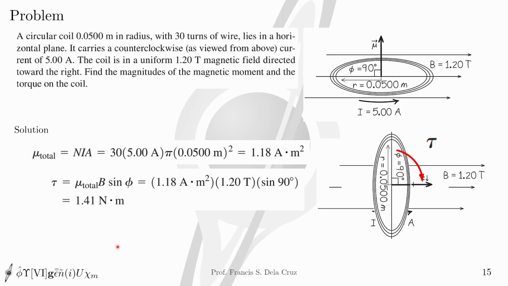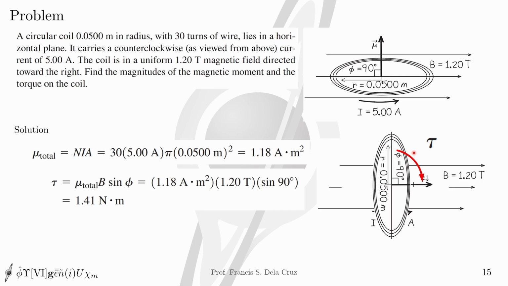Okay. So always remember this, class. If you have a magnetic moment and you let it be exposed in a magnetic field, that magnetic field will try to apply a torque on that coil so that the magnetic moment will be parallel to the magnetic field.